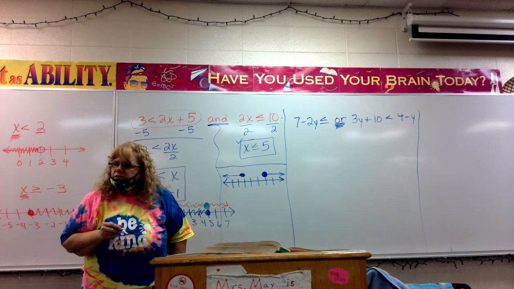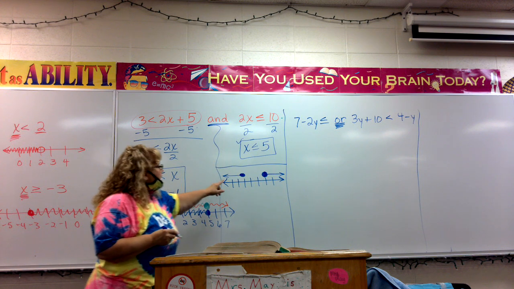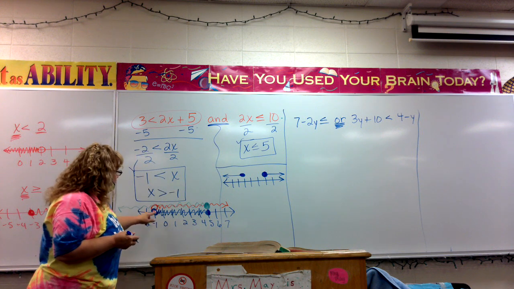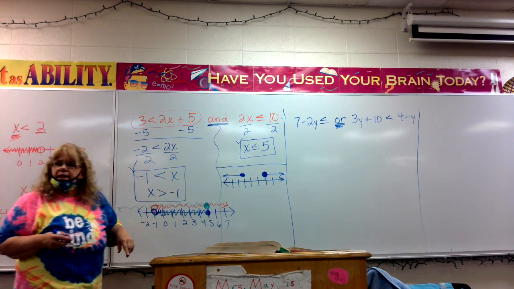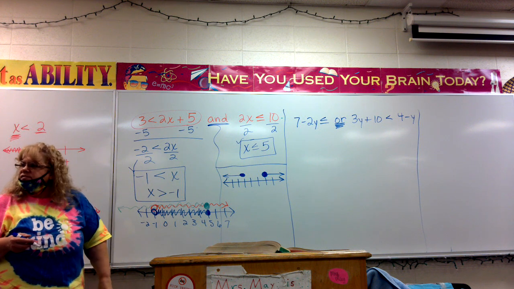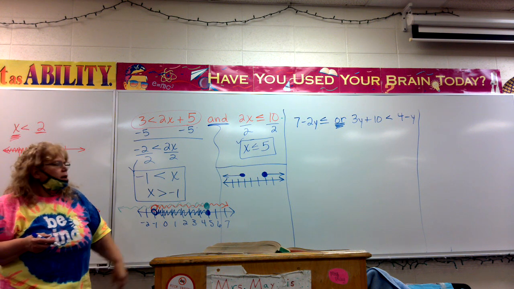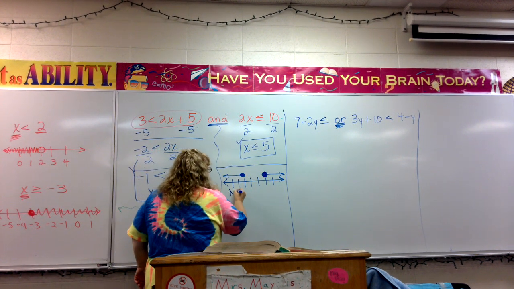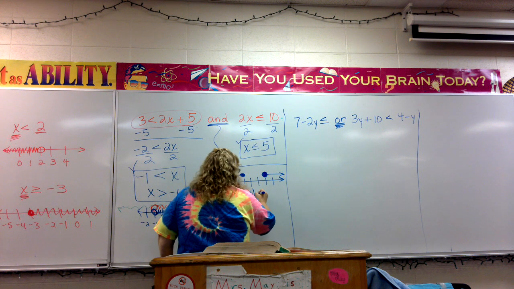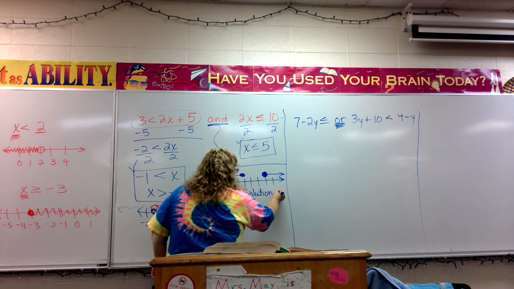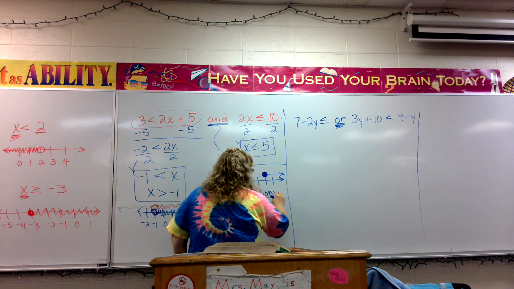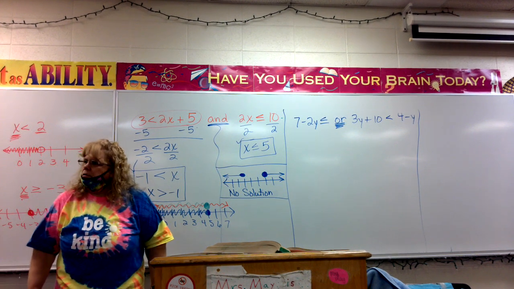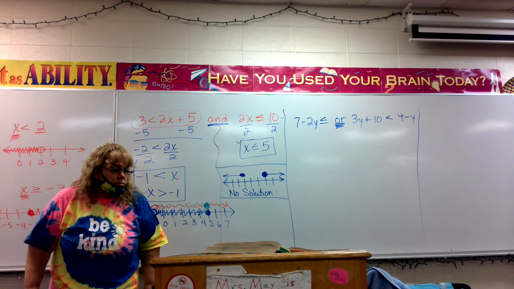Then what happens? Are there going to be any values that would solve both the equations? And that's what we're really looking for, are values that solve both equations. What are we going to write if there are no values that solve both? If they don't overlap, there are no solutions. If by chance they don't overlap, there are no solutions. Does that make sense?